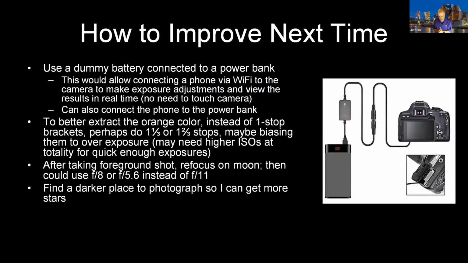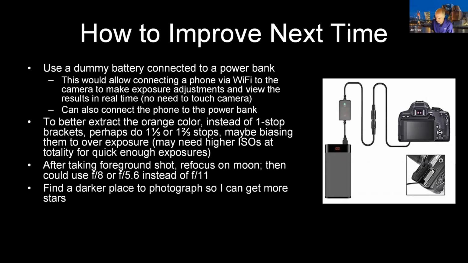And here they are. During the taking of the pictures, you've got to adjust the exposure all during the night. And that means you got to touch your camera and adjust it. And here I've got a camera on a travel tripod put in sand, and that made me really nervous. So what I was thinking I might do is, the camera has Wi-Fi capability, and with Wi-Fi you can connect your phone to the camera so that you can control the camera with the phone.